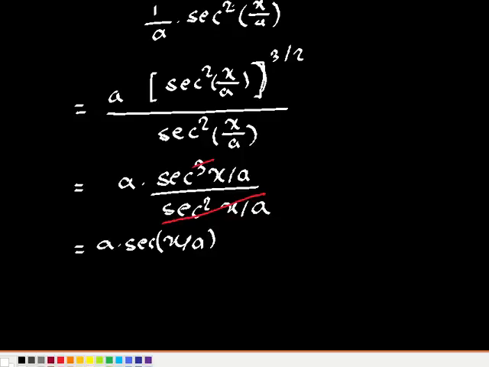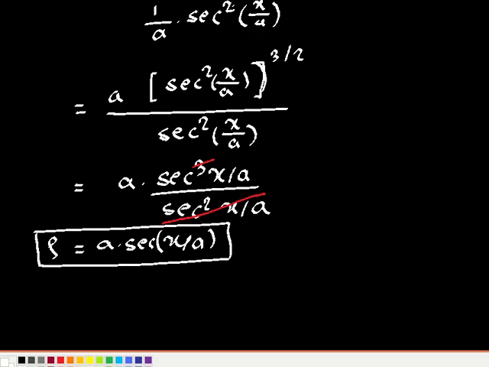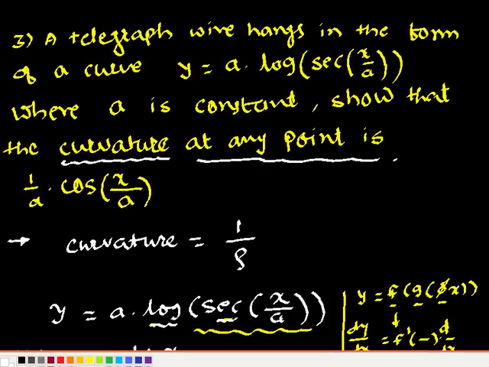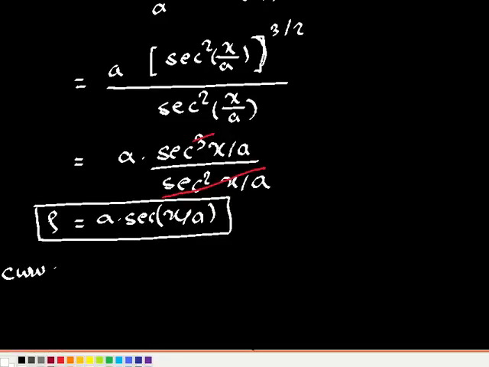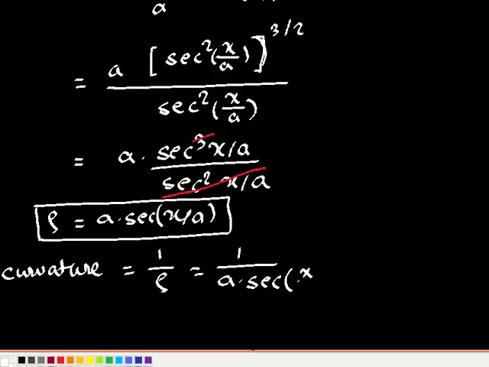This is the value of the radius of curvature, but we have been asked to find the curvature only. Curvature is nothing but the reciprocal of the radius of curvature, so curvature is equal to 1 upon rho, that is 1 upon a into sec x upon a, and since sec is the reciprocal of cos, it is 1 upon a into cos x upon a.